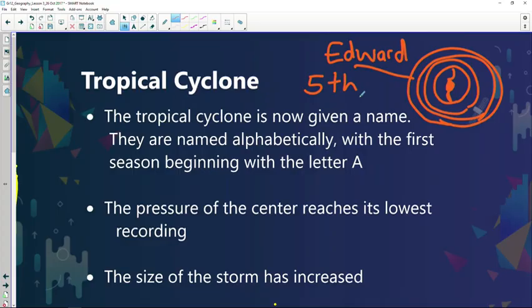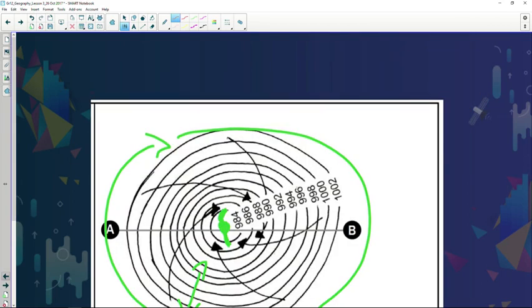Very importantly, we name them alphabetically. Now, how to identify the mature stage of a tropical cyclone: the pressure will be well below 1,000 hectopascal, as you can see. So this over here is definitely the mature stage.